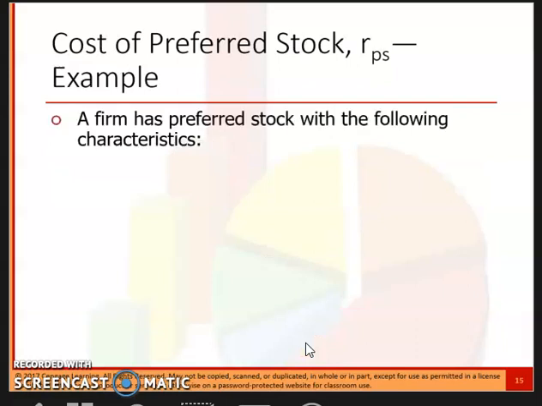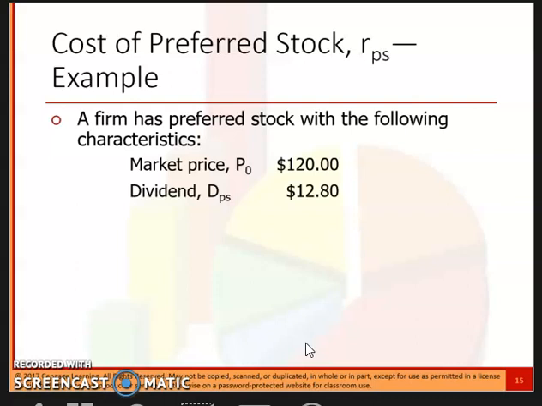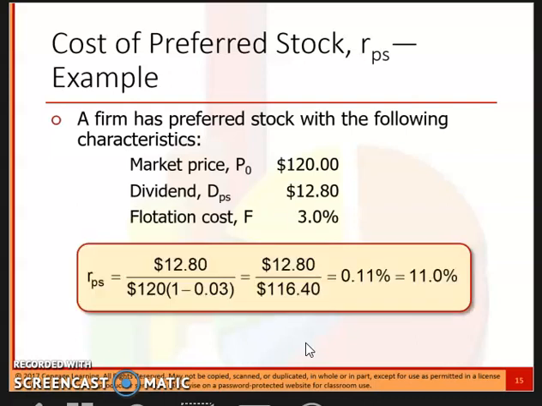Preferred stock example. The firm has preferred stock with the following characteristics: a $20 market price, a dividend of $1.80, and flotation cost of 3%. So the rate of return required, or the cost of preferred stock, RPS, is the dividend divided by the market price multiplied by 1 minus the flotation cost, or 1 minus 0.03.